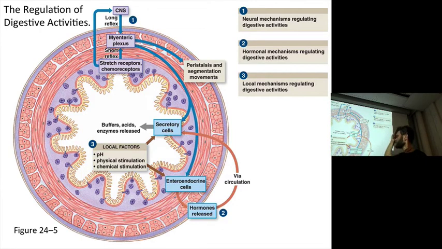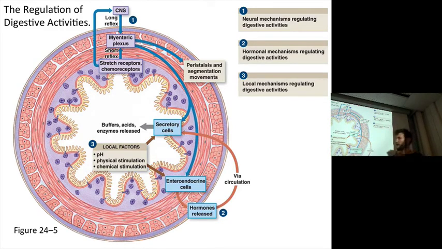So the second mechanism is endocrine in nature. There are various hormonal mechanisms that are going to help regulate digestion. Hormones are going to be released that, via circulation, are going to lead to secretory cells releasing some kind of factor.